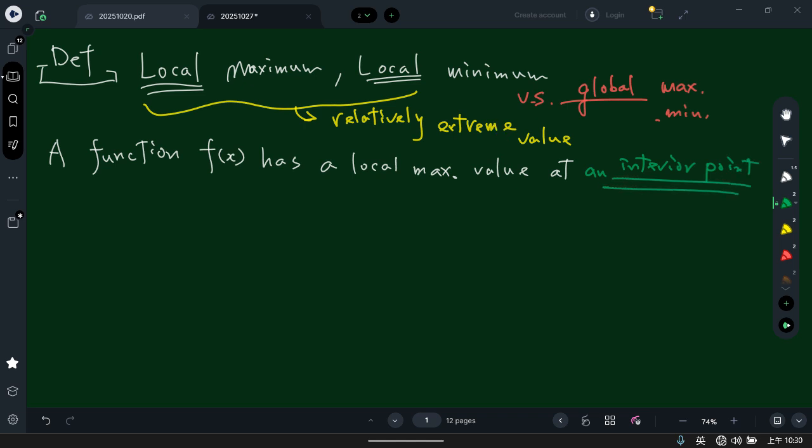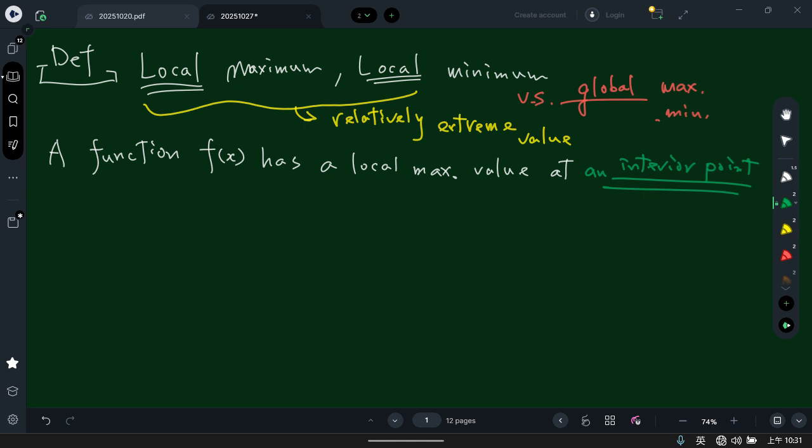Do you still remember what interior is? If we are talking about an interval, it includes two types of points. One is the endpoint, like A and B, right? And we also have internal points. That means for this interval, we exclude the two endpoints, and all other points will be interior points.